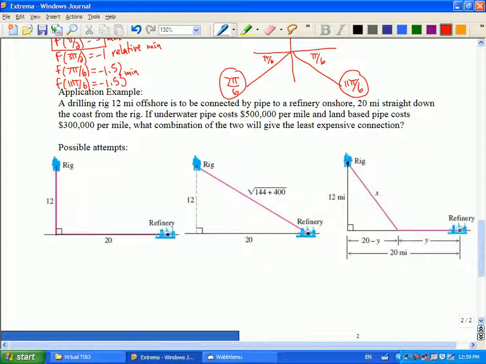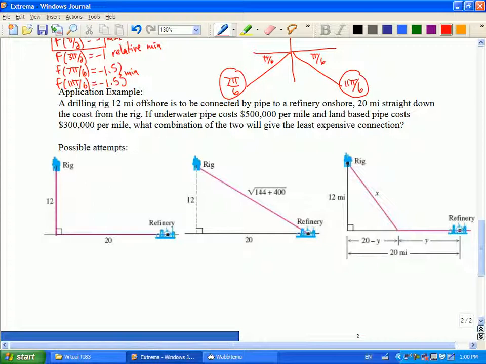$500,000 for every mile that you do on the water, and for every one that you do along the land is $300,000. And what we want to do is minimize the cost, because we don't really care how long the pipeline is. It just has to pump the oil from the rig to the refinery. What we do care about is the cheapest pipeline that we could build. So here's, for example, some possible attempts.